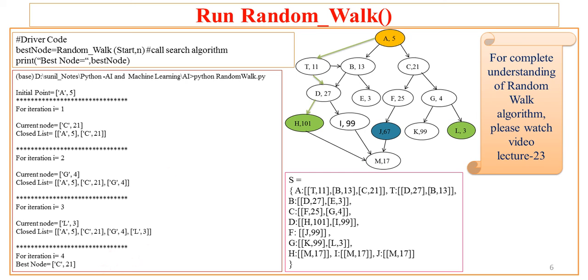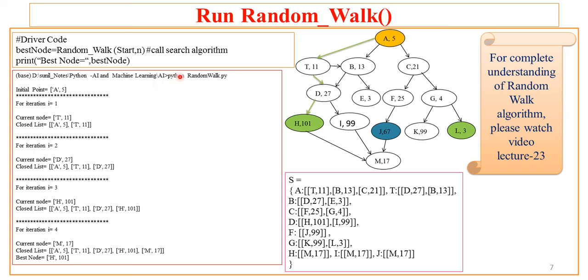When the same program was executed the next time, the result was something different, which is explored in the next slide. So here, when this program was executed the second time, it gave the expected result.